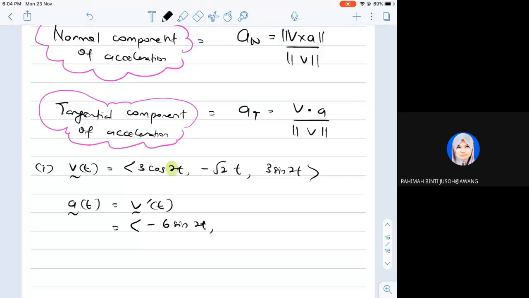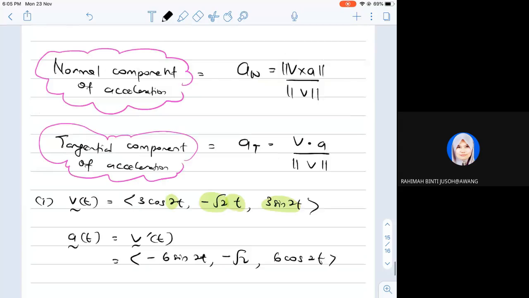Now, differentiate negative square root 2 t, we get negative square root 2, since that's the coefficient. Next, differentiate 3 sin 2t, we get cos, so 6 cos 2t. Good, very good.